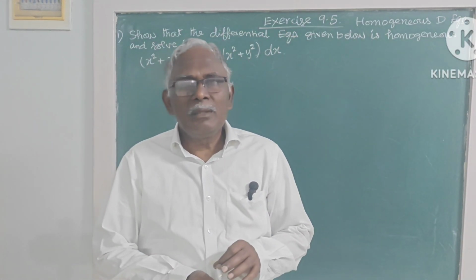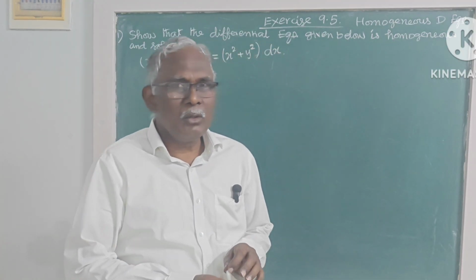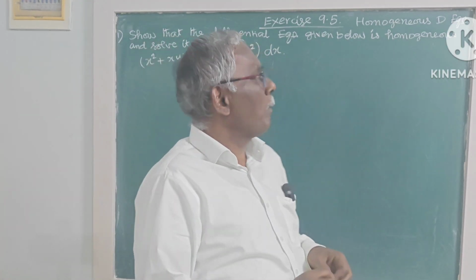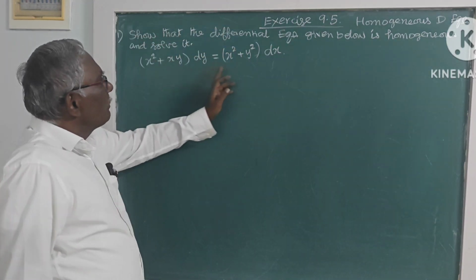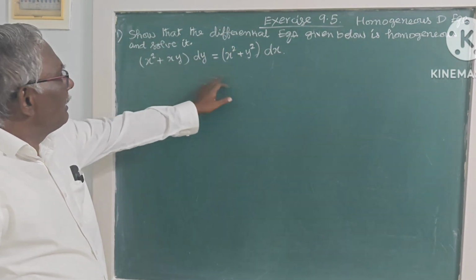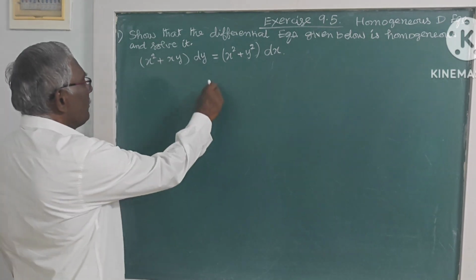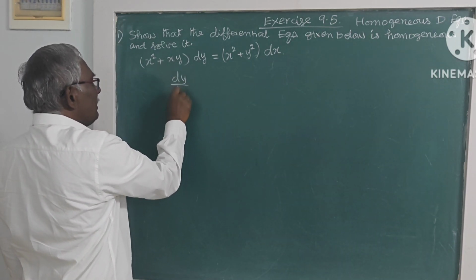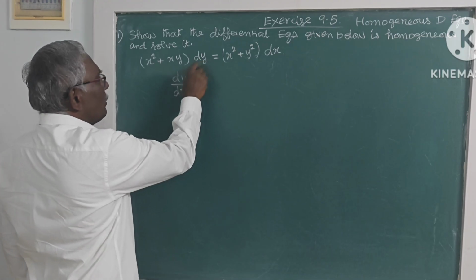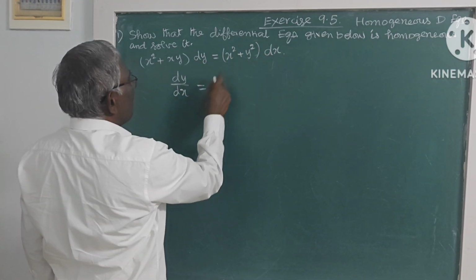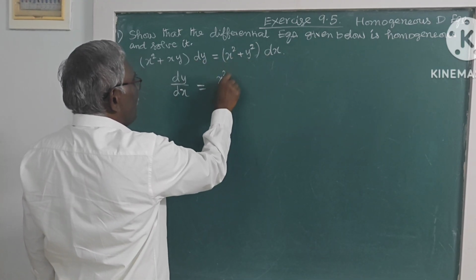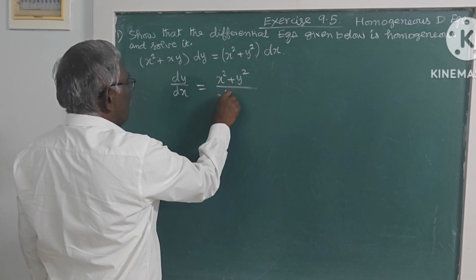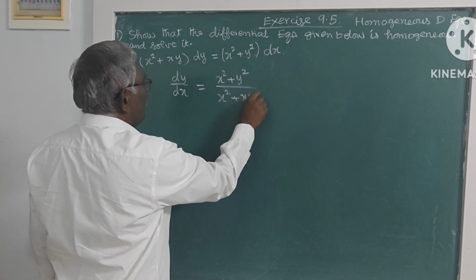Today we will show the given differential equation is homogeneous and we will solve the differential equation. The given differential equation can be expressed as dy by dx is equal to (x square plus y square) by (x square plus xy).